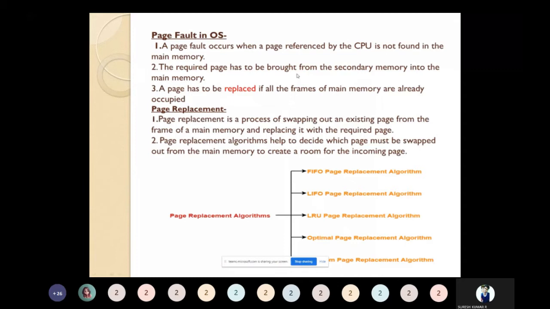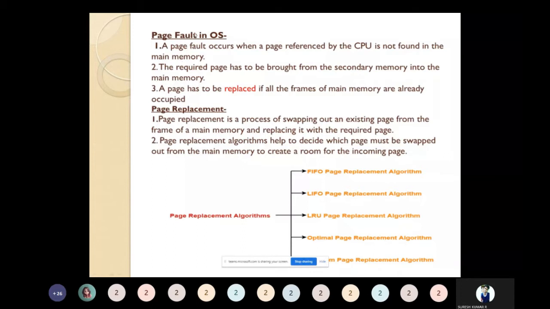When a page referenced by the CPU is not found in the main memory, that needed page is not available in main memory. This event is called a page fault.